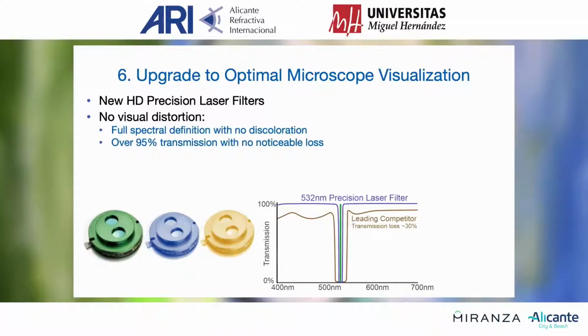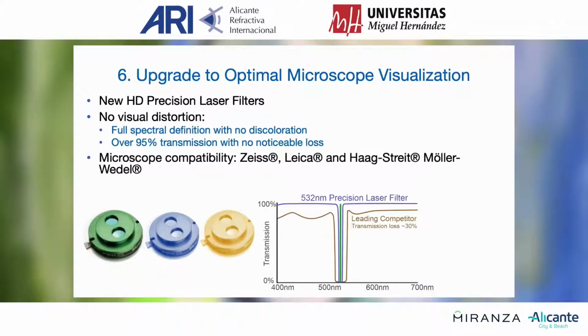There is full spectral definition with no discoloration and over 95% transmission with no noticeable loss. Microscope compatibility, as I say, is with Zeiss, Leica and Haag-Streit models, and precision filters are available for 532, 590 and 532 plus 590 nanometers.